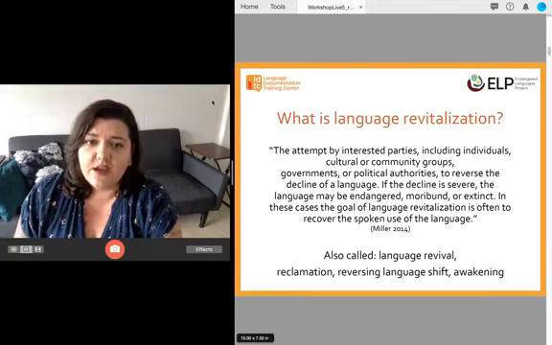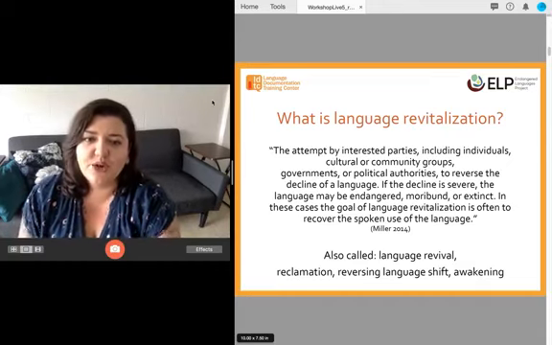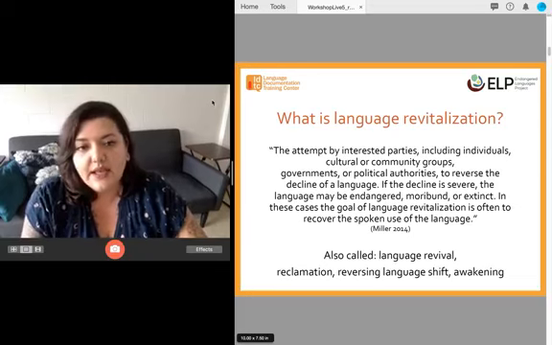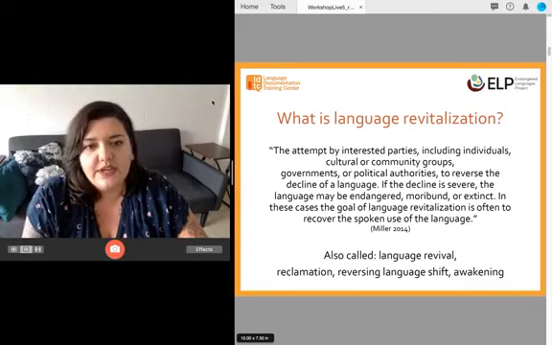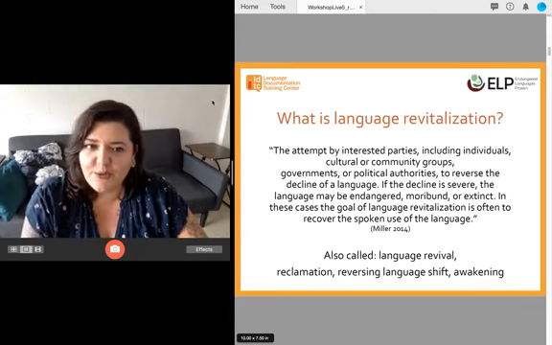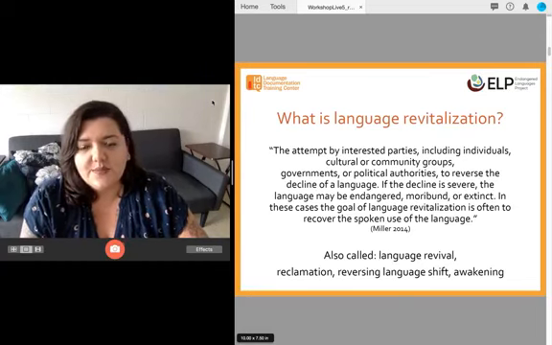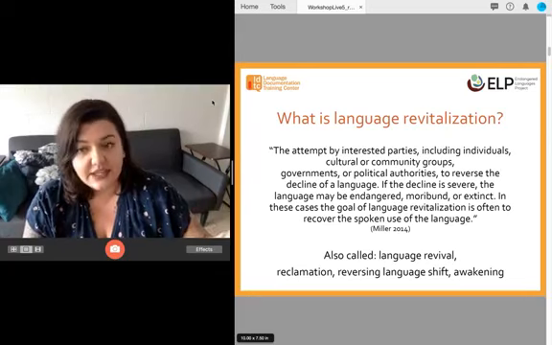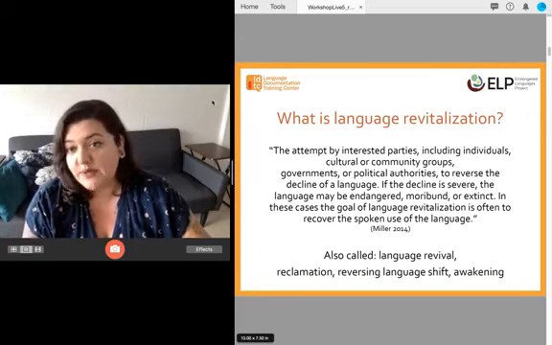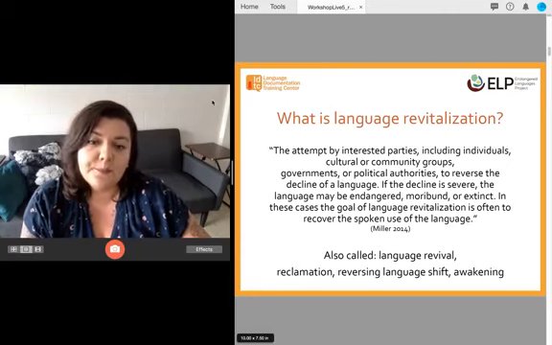In these cases the goal of language revitalization is often to recover the spoken use of the language. Like I said, this is an older definition. Some of this language may be problematic depending on where you are in the community. I tend to avoid terms like moribund, especially terms like extinct. But this is basically a point where language is shifting away from being spoken as the daily means of communication and is now either not being spoken at all or spoken in very limited contexts and domains.